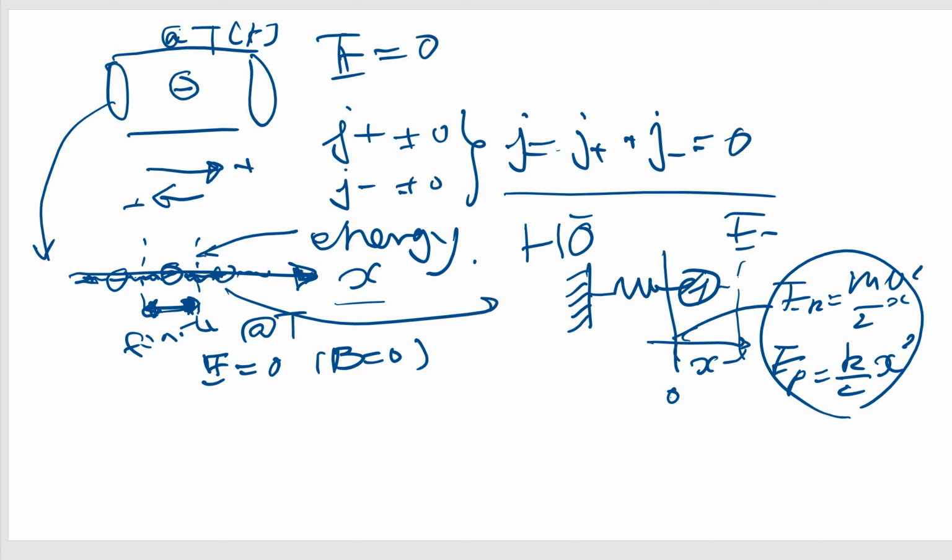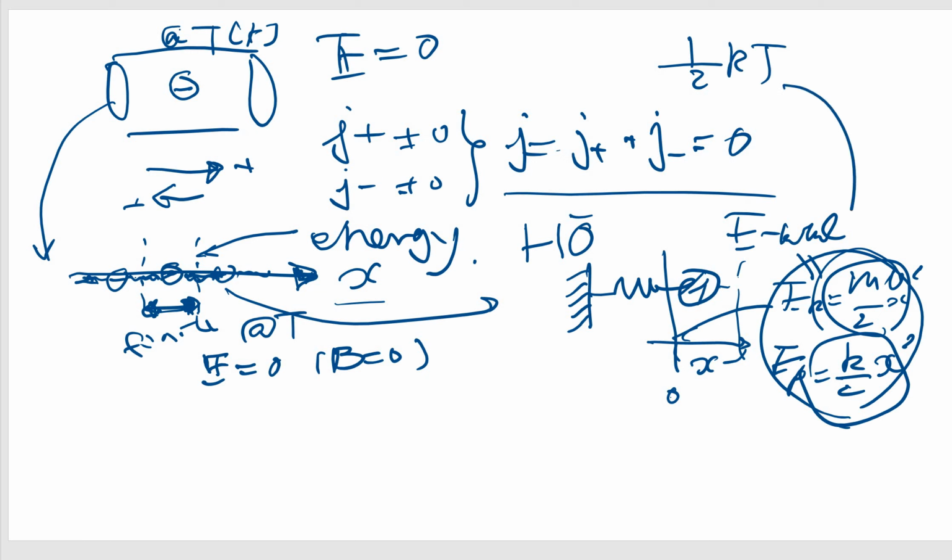The total energy is the sum of these, and each degree of freedom, half kT, is distributed equivalently.